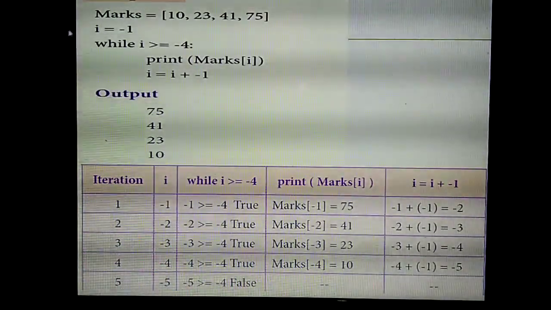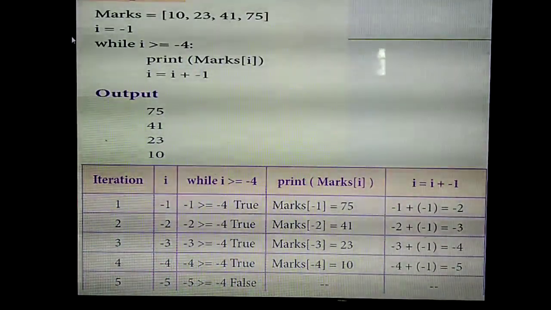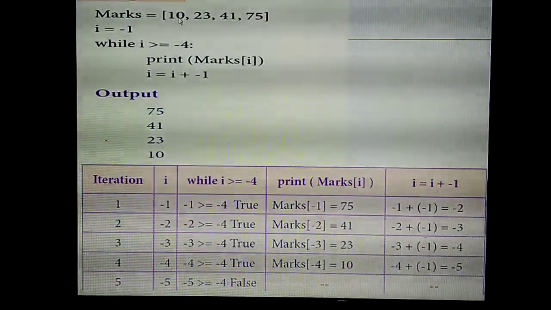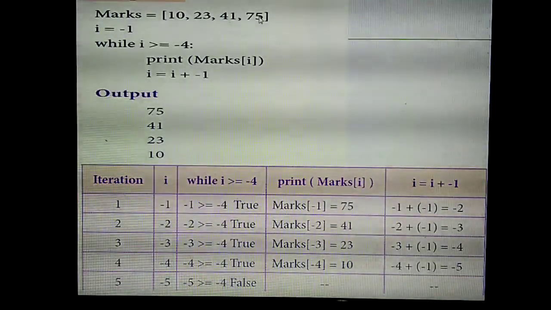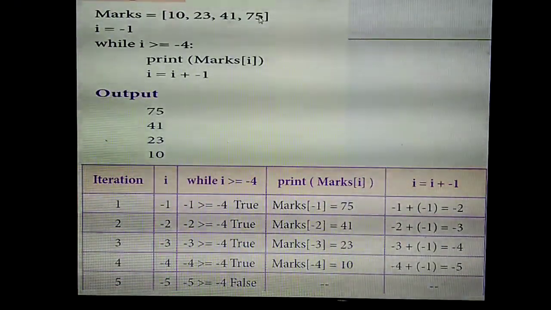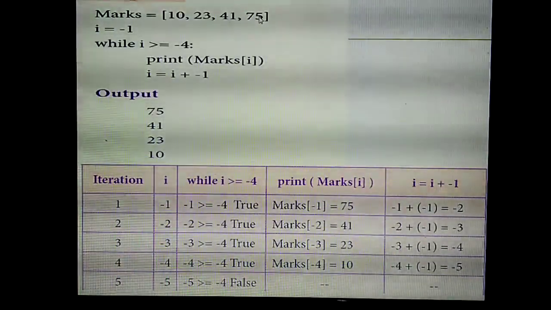Normally positive indexing starts from the beginning: 0, 1, 2, 3. But in this program you are going to print the elements using reverse indexing.